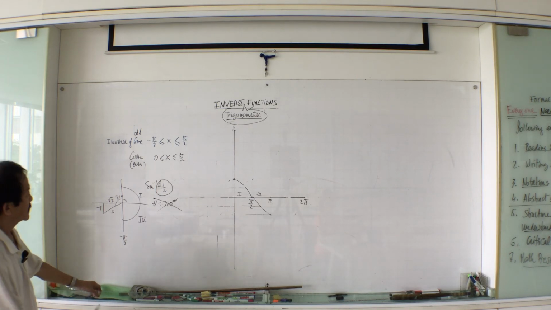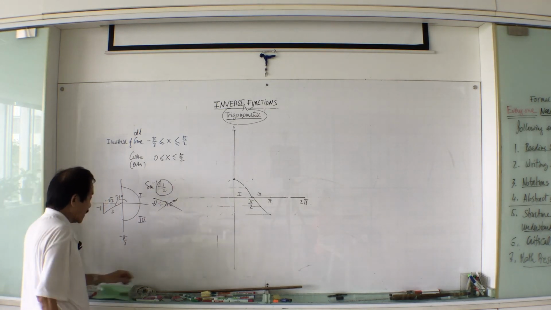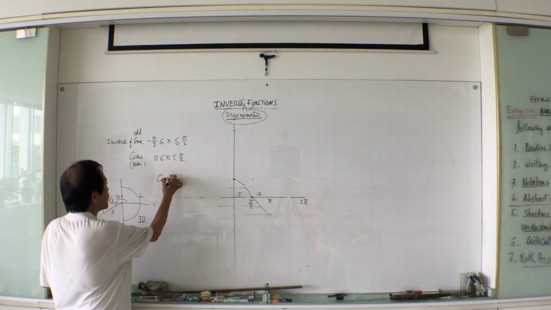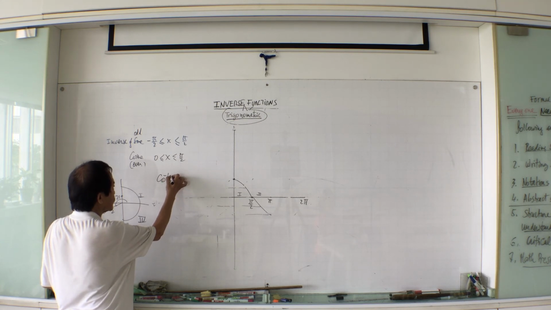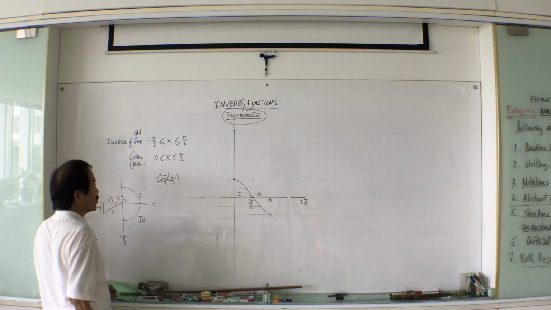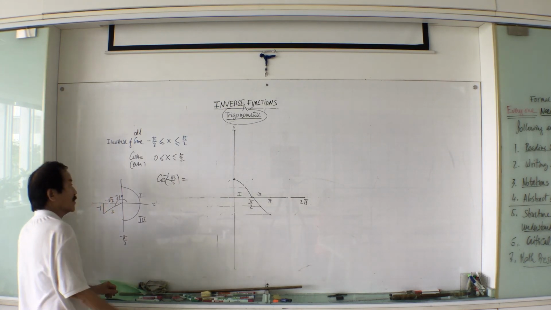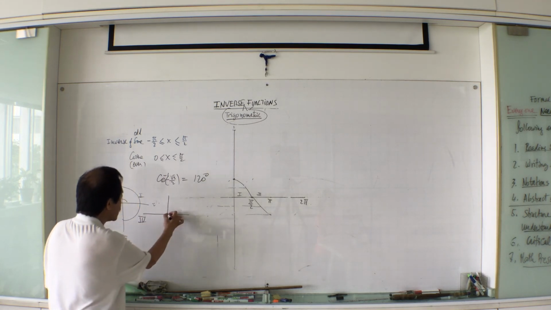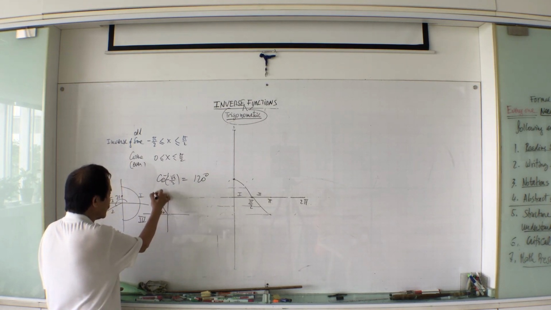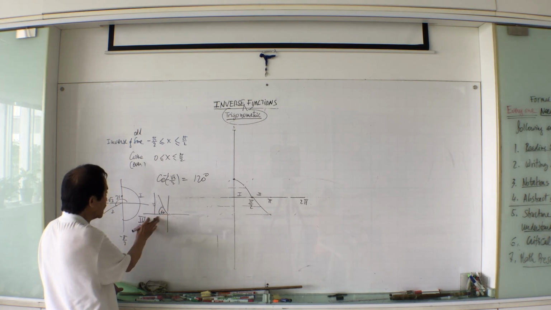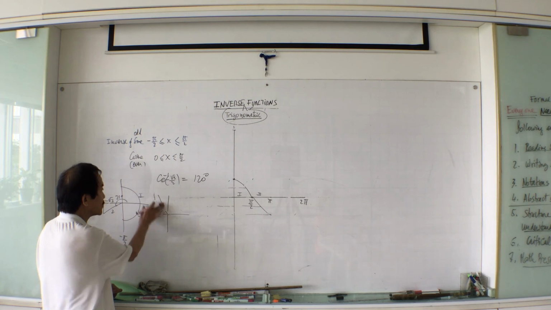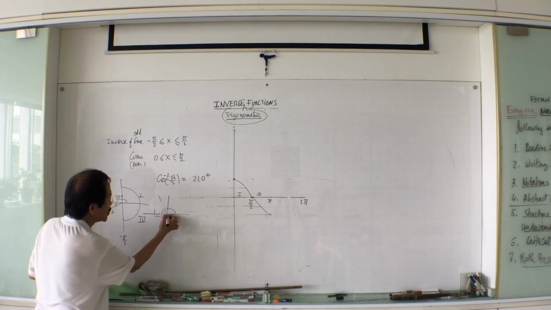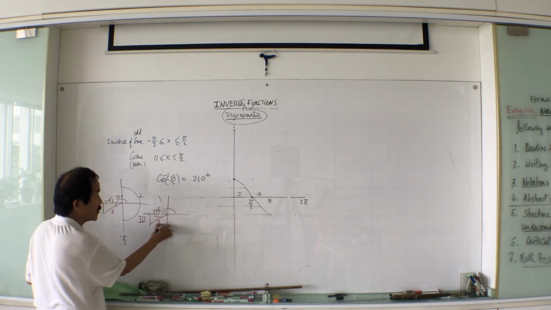Okay, so the same thing here. If I want to find cosine inverse of negative root 3 over 2, what is the angle? You might say this one equals 210 degrees, because cosine of 210 degrees is negative root 3 over 2, right?